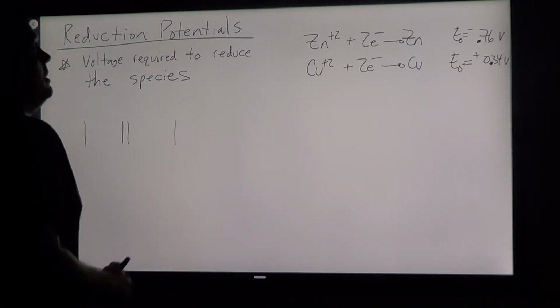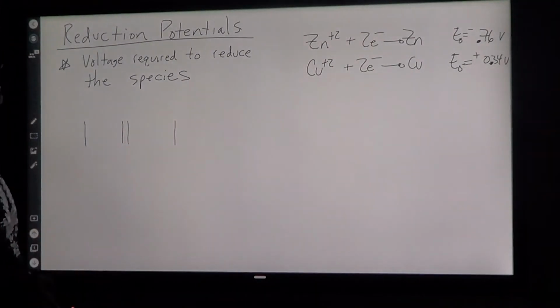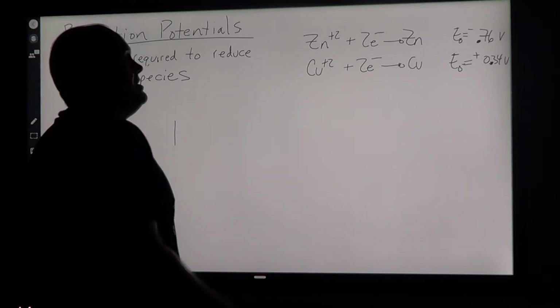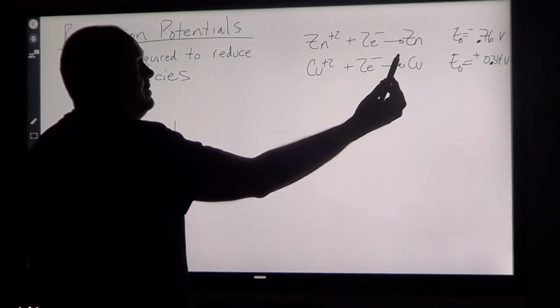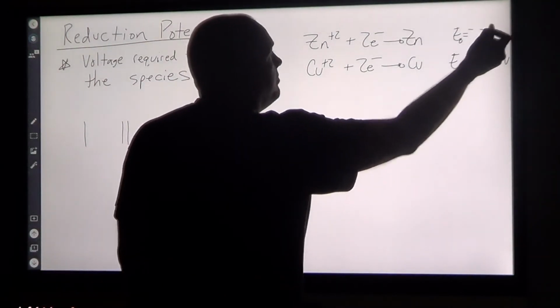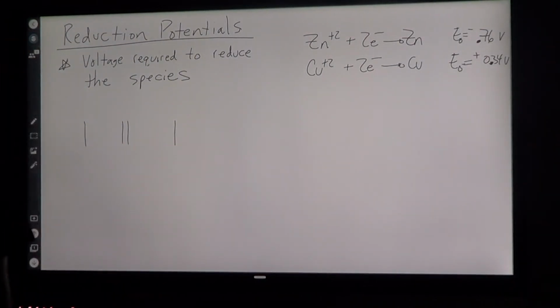Okay? So I want you to look at the reduction potentials for the two chemicals we just did when we drew the voltaic cell. Okay? The reduction potential for the zinc to reduce requires a negative 0.76 volts. Okay? That is bad for you.